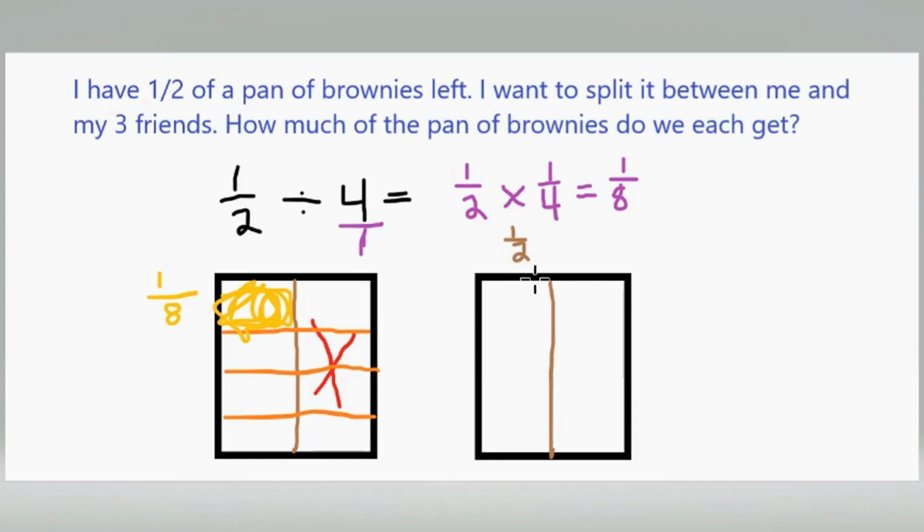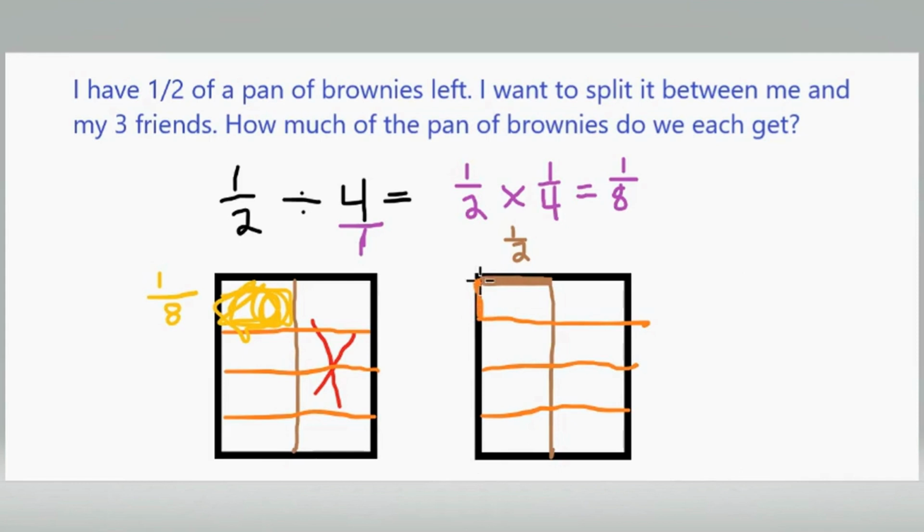And that's right here, this side, right? This is 1/2, 1 out of 2. And then we have to split it in fourths. So I'm going to do that. 1, 2, 3, 4. So now we're going to think about one of these squares out of 4 on this side.